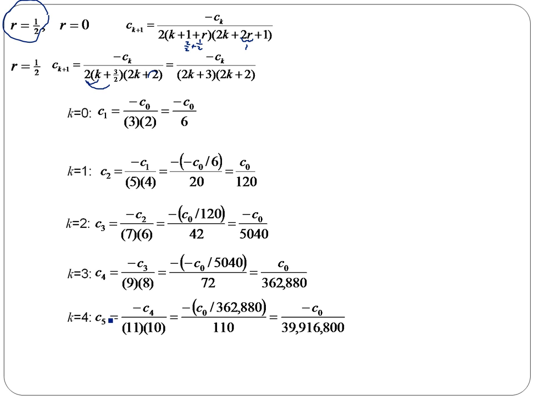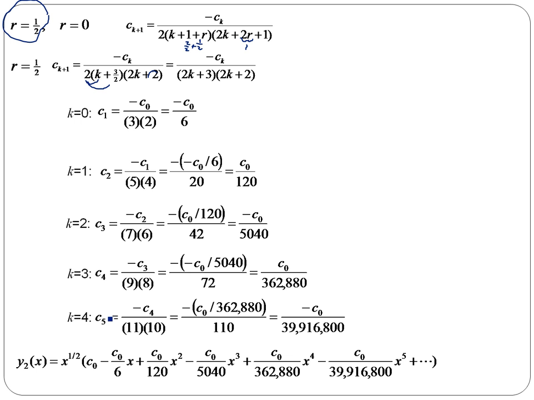The c0 is also c0, so we actually have 6 coefficients for the 0 through 5th term. And we get our second linearly independent solution. This 1/2 is from our value of r. r is 1/2. And that gets multiplied by this polynomial expansion. And notice that each one of these, the coefficients come from our table. Negative 1/6, 1 over 120, negative 1 over 5040, and so forth.